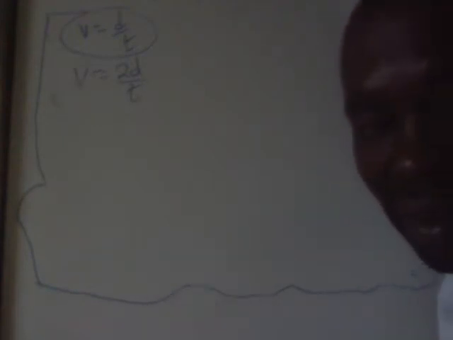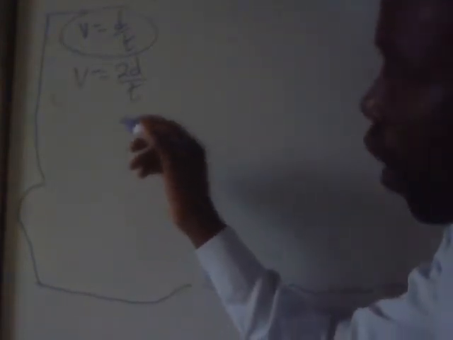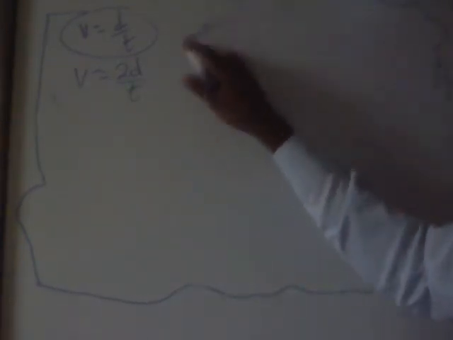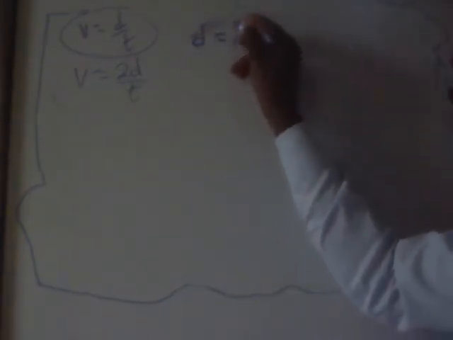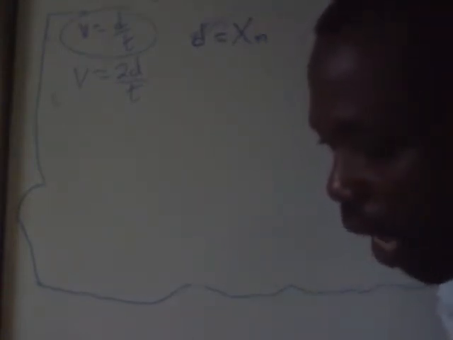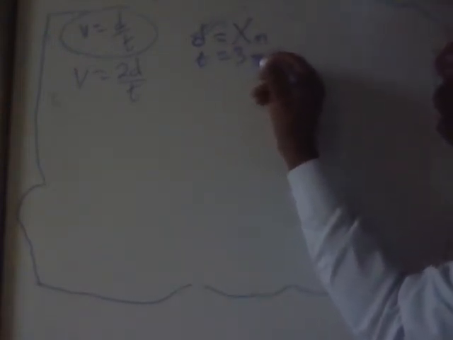So we have been given speed. It says a boy standing X meters away from the wall. That's our distance, so D is X meters. He claps his hands and hears an echo 3 seconds later, so time is 3 seconds.